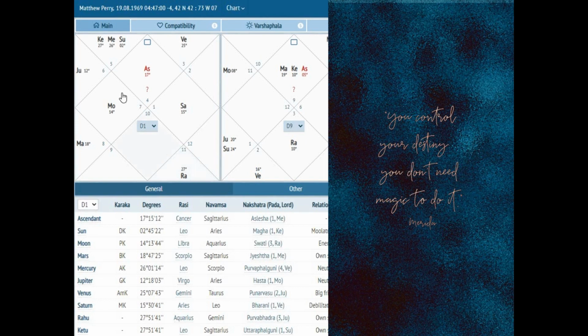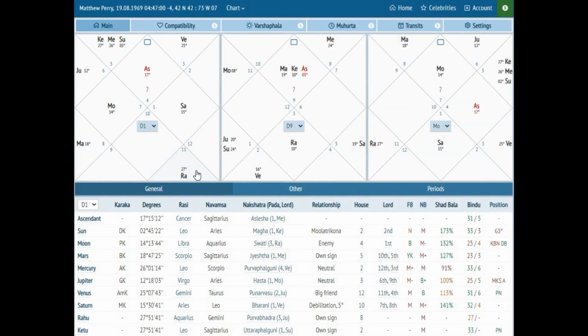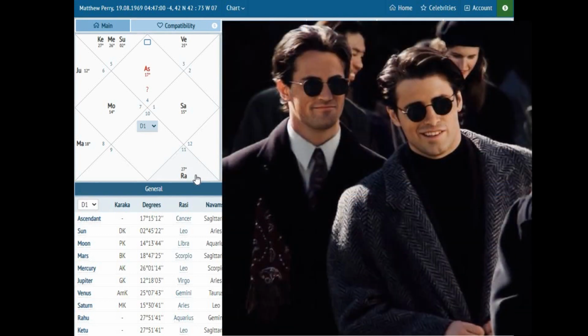And in this position in his card, he came to help other people to go through crisis, because Rahu is in the house of crisis, the house of unconsciousness. This is the house of death, actually, and the house of something esoterical, by the way, of mystics, of some secrets, everything like that.